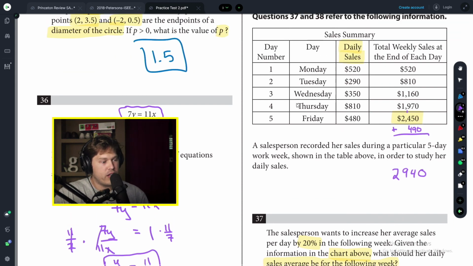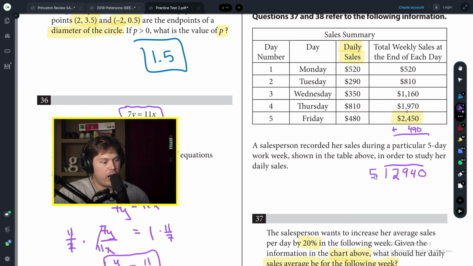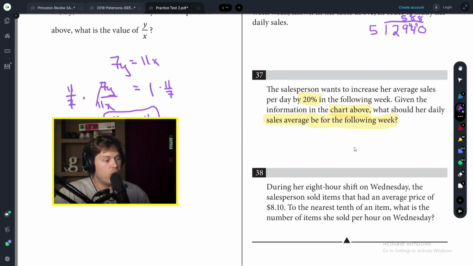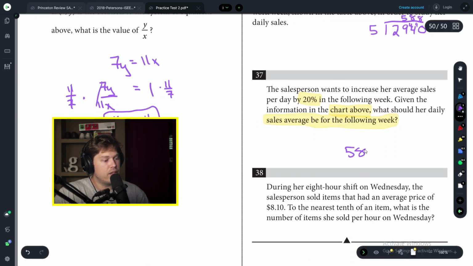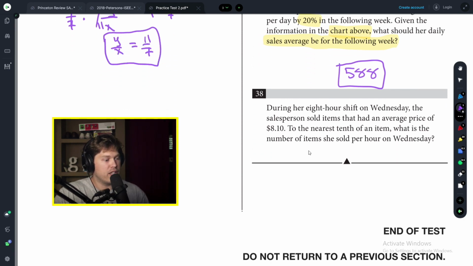From the chart, we see that she works 5 days a week, so we need to divide this value by 5. 5 goes into 29 5 times with a remainder of 4. 5 goes into 44 8 times with a remainder of 4. And then 5 goes into 40 8 times with a remainder of nothing. So her average sales needs to be $588 each day in order to increase her average by 20%.